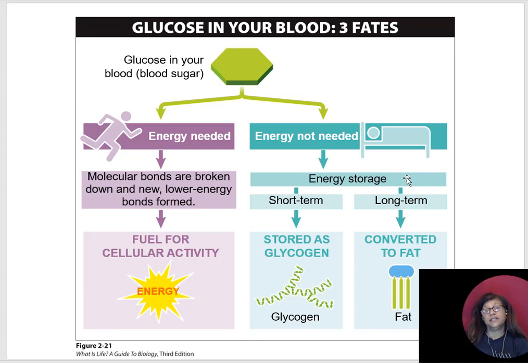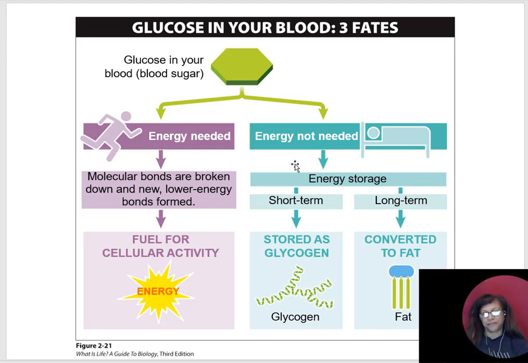Or the body can put it into long-term energy storage. And to do this, it converts it into fat. And think of long-term energy storage, this fat storage, kind of like putting it into a storage facility that's far away. It's going to take a little bit longer to get to that energy, but it's there, right? And you can store a lot of it.